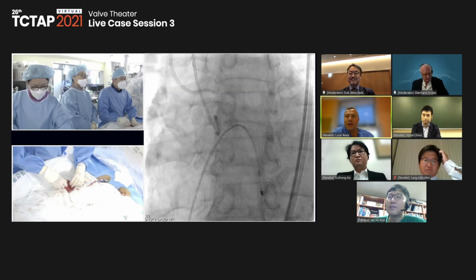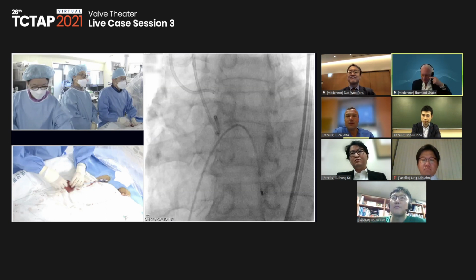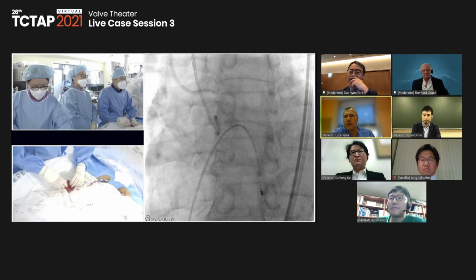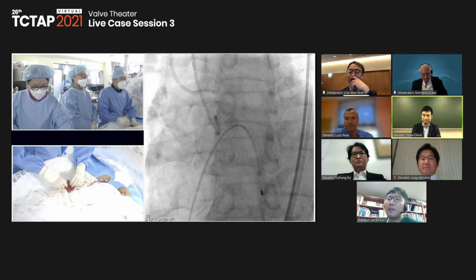So I would be careful before suggesting that the MRI can be standardized for all patients. Of course, it gives you a lot of information, but if it takes 1 hour for the patient to stay flat on the table, that's not really feasible for all patients. Sure, I fully agree.